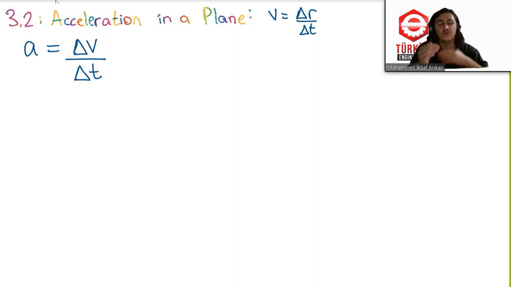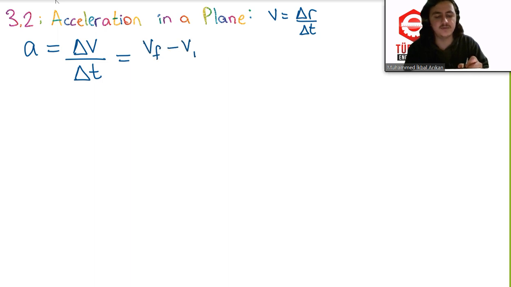Okay, so your rate is bigger. If your acceleration is smaller, so you are changing your velocity, but per each time the velocity change is small. So that means your acceleration is small. So let's put the complete one: v final minus v initial divided by t final minus t initial.